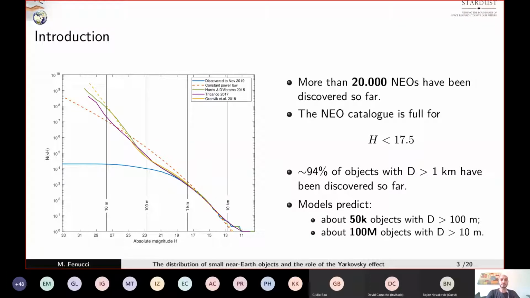To this purpose, we take the latest model, which is the model by Granvik, and we see how it is constructed and how it could be extended to smaller sizes.